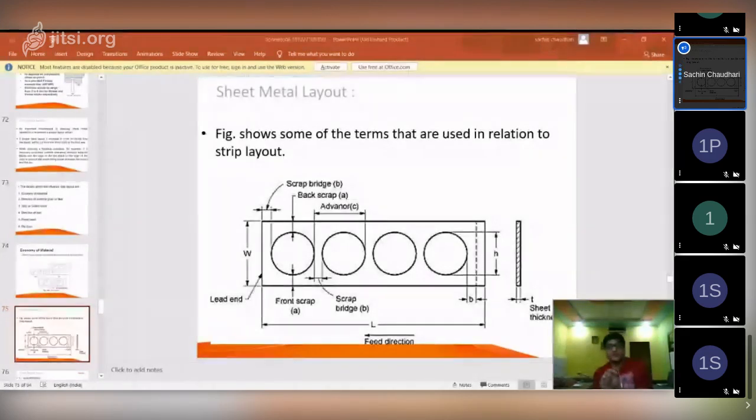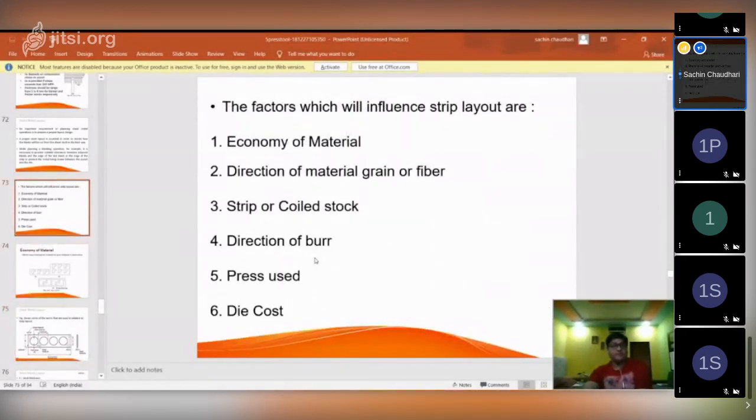Okay, and some important factors we also have to consider while designing the strip layout, or we can say the factors which influence the stock layout. Okay, we have to consider that. So the factors which influence these strip layouts are economy of material, direction of material grain or fiber, third is strip or coil stock, then four is direction of burr, press, which press you are using, that is also important, and the last one is die cost.